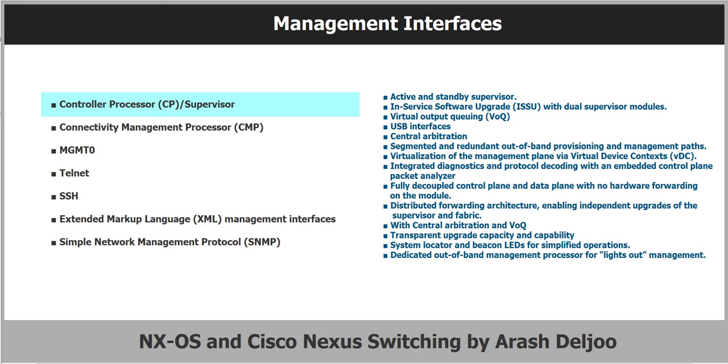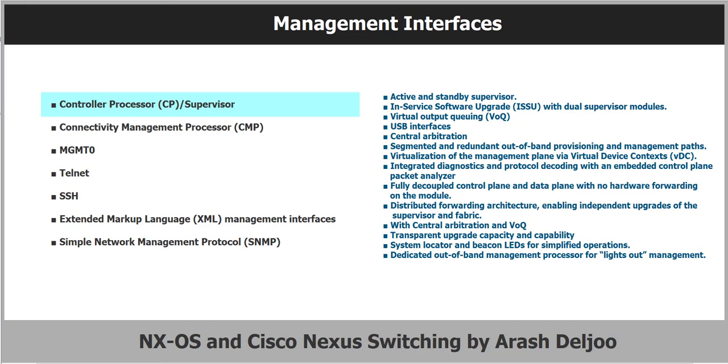The supervisor module controls the layer 2 and layer 3 services, redundancy capabilities, configuration management, status monitoring, power, and environmental management. The supervisor module also provides centralized arbitration to the system fabric for all line cards.